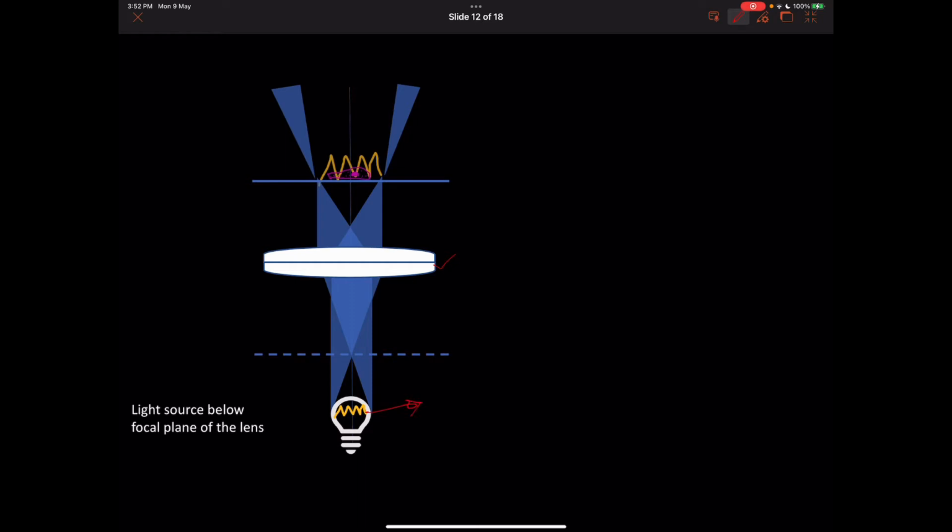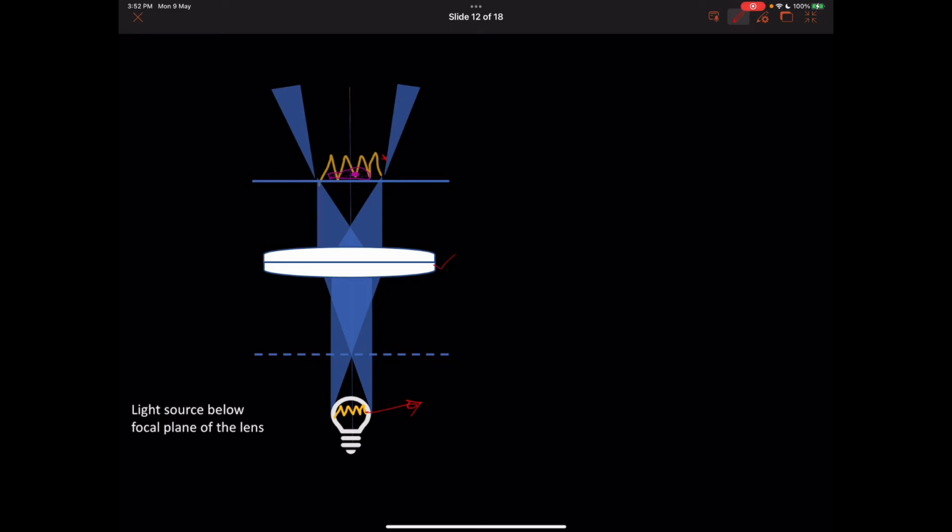You can see that this is very non-uniform. So in the case of a human cell placed on a cover slip on the sample plane, the real image of the light source, or basically the filament, will be formed on the sample plane if the light source and the specimen are in conjugate focal planes.